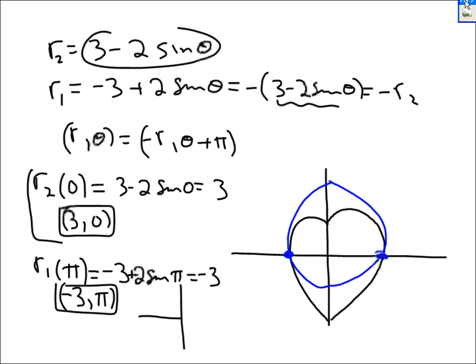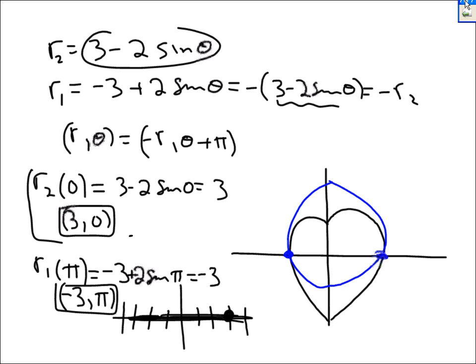To do negative 3, pi, you go out to pi. Here's pi. But this is also pi. The whole line is pi. Here's positive 1, positive 2, positive 3, positive 4, negative 1, negative 2, negative 3, negative 4. There it is. That's negative 3, pi.